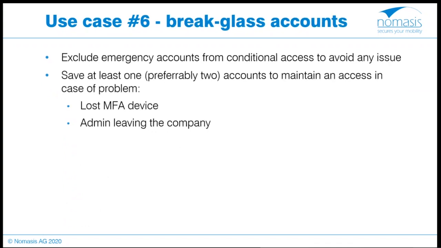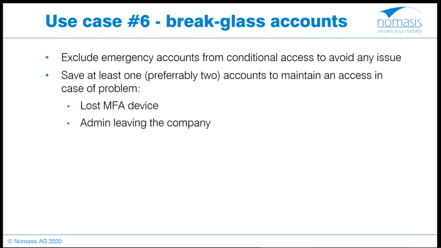Another very important use case that needs to be included every time you plan your conditional access is to have emergency accounts that are never included in your conditional access rules or policies. This will help you avoid problematic situations, such as your only admin that has access to the portal leaving the company, and then nobody else can access the portal and change the rules, or if the admins lose their MFA device and then they cannot access the management anymore.